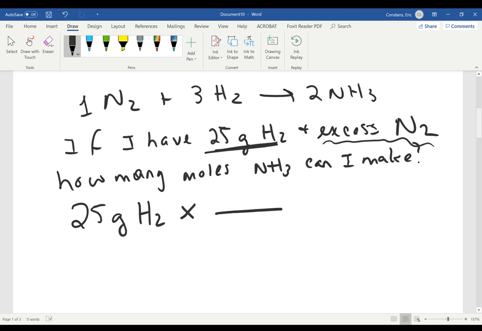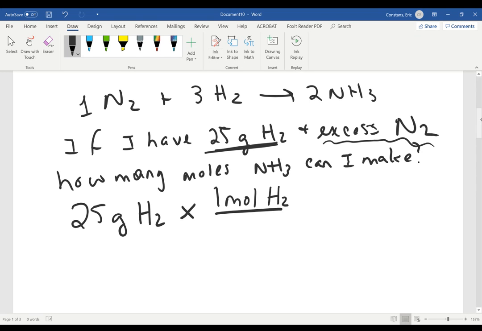But remember that in all stoichiometry problems, we have to eventually get to the mole ratio, but the only way to do that is to make sure that we've changed grams of hydrogen into moles of hydrogen first. And hopefully you remember from the previous video that to go from grams of something to moles of the same thing, you need the molar mass. Now, in this problem I need to have the 1 mole on top, because I'm going from grams to moles.